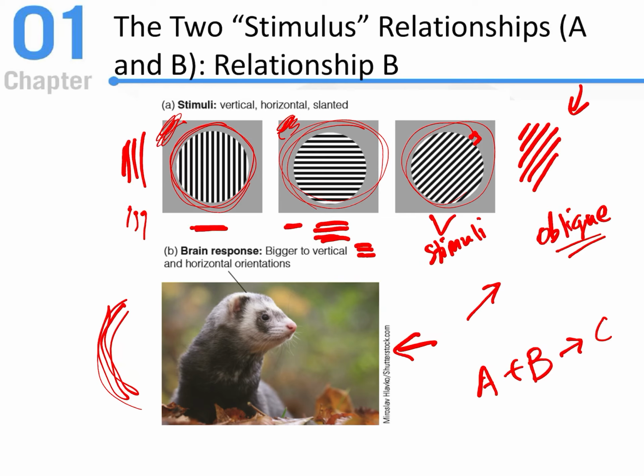So that is us combining all three relationships together. There's a stimulus, I see it. So for example, there's a stimulus, here's a tree, and a person here. The stimulus is seen, it is perceived, and the brain also changes in response to seeing it. So that's confirming relationship A, relationship B, and relationship C.